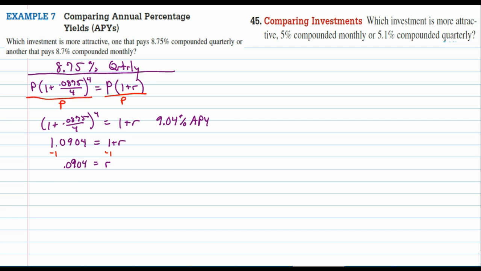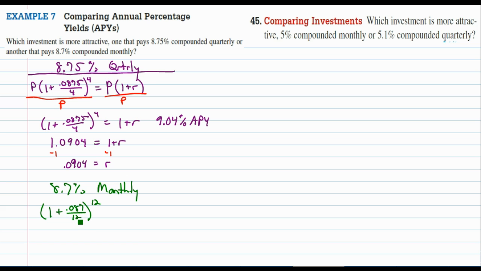So now I'm going to look at the 8.7% compounded, this one's monthly. Now I don't have to worry about the initial setup because we already showed that that doesn't matter. So the investment is officially 1 plus 0.087 over 12 to the 12th power.